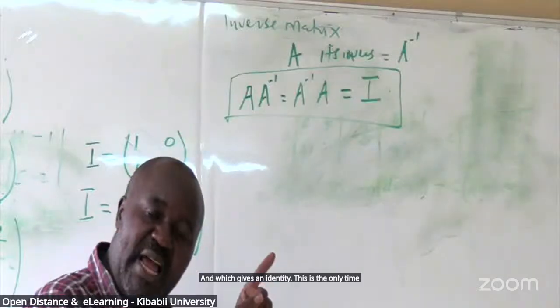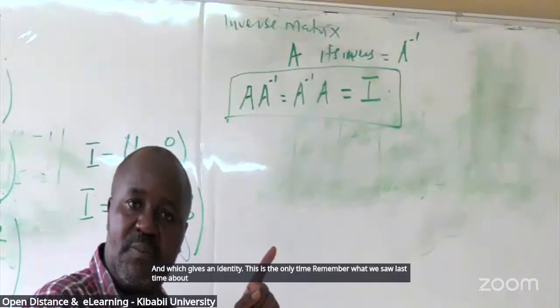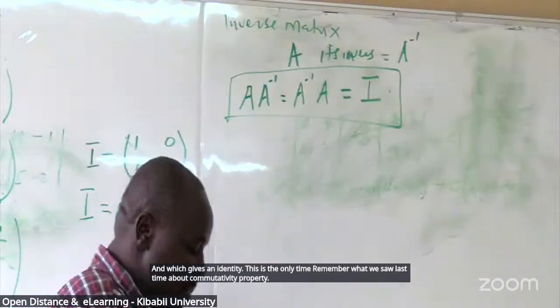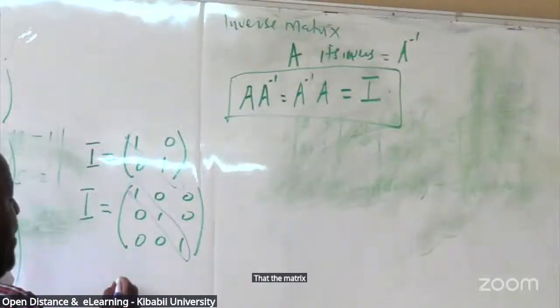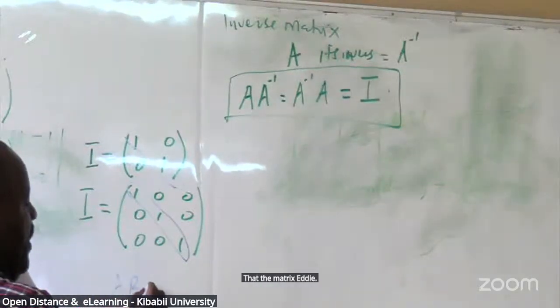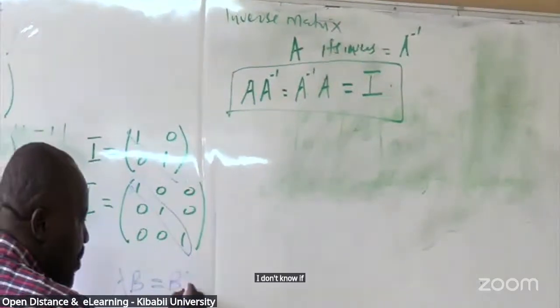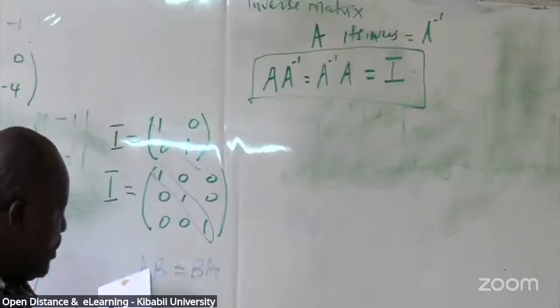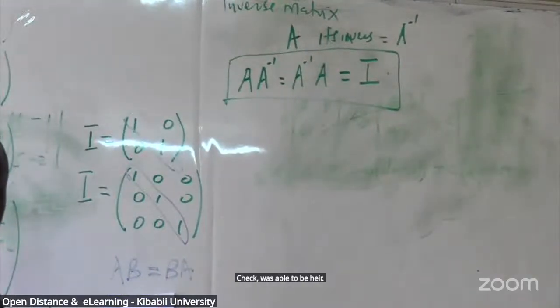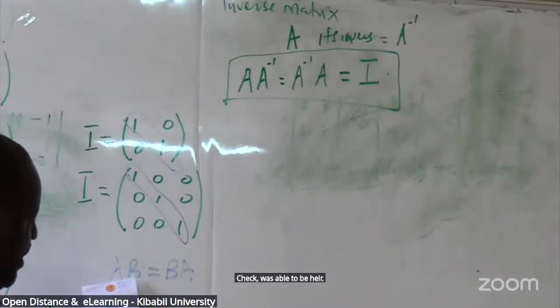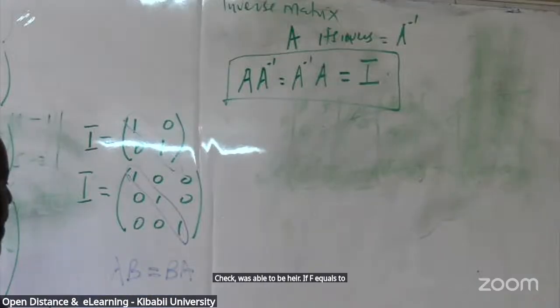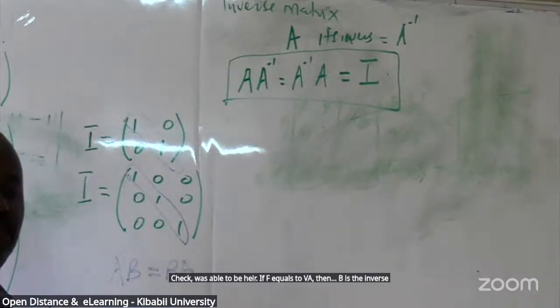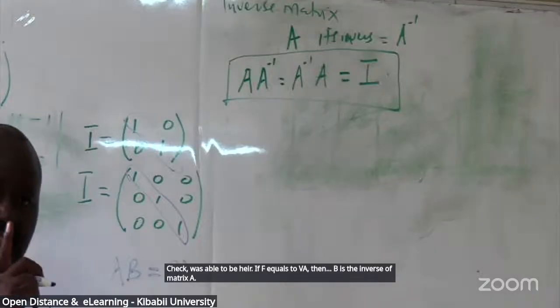This is the only time. Remember what we saw last time about the commutativity property. That the matrix AB, I don't know if you remember if it was equal to BA. Check. Was AB equal to BA? If AB equals BA, then B is the inverse of matrix A. That's the rule.